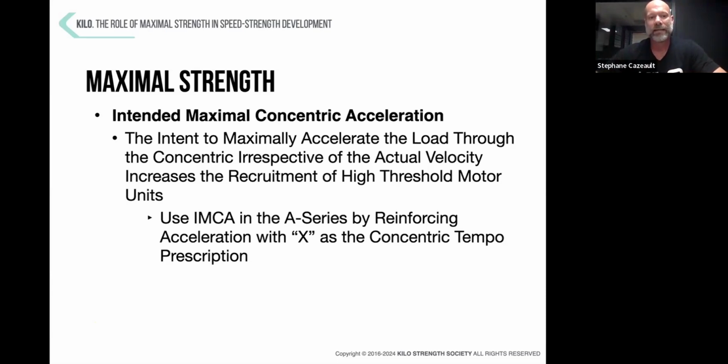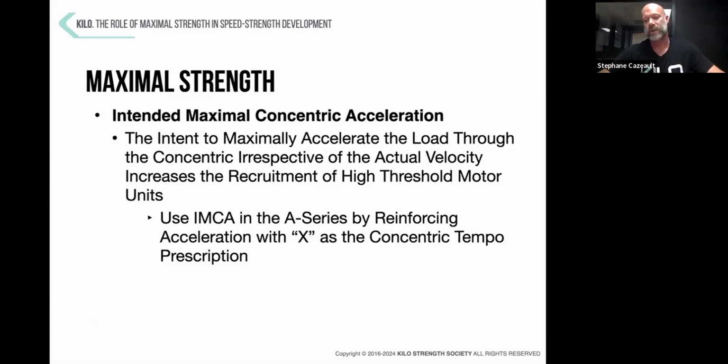The term is called intended maximal concentric acceleration. It was a term coined in the 40s, but basically you're training with heavy weights, so you know that the velocity won't be fast, but coming off the bottom of your bench, for example, you're purposely trying to accelerate that load as fast as possible, even if the velocity is not there.